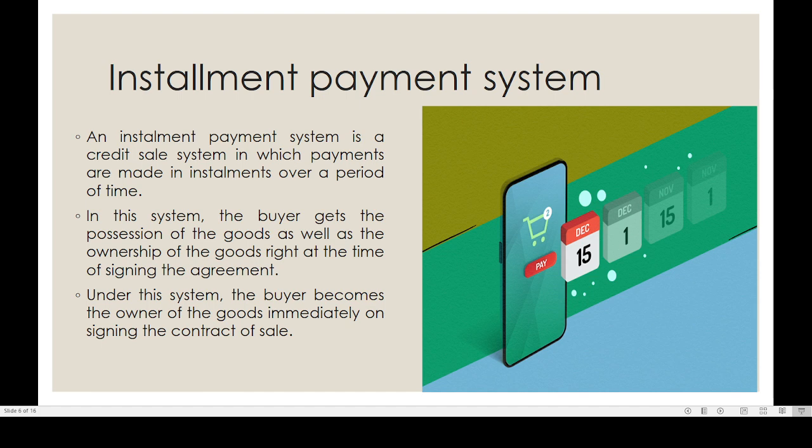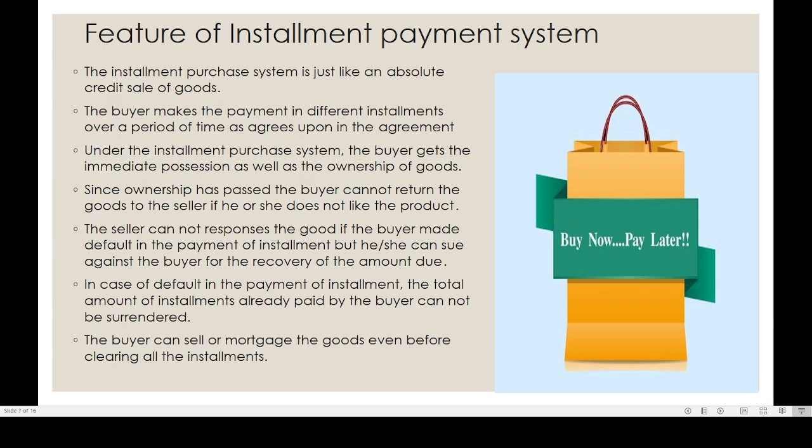Under hire purchase, you are not the owner of that product, you just have a right to use that product. But under installment system, even though you have not completed the installments, you will become the owner of that particular product.